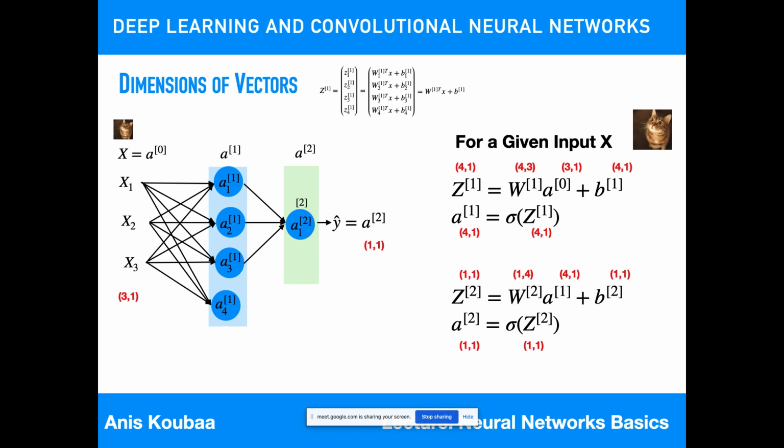But for example, if you remember the case of the cat and not cat classifier, and then we will have other cases, we have multiple classes in the output. In this case we will have an output layer that contains multiple neurons, as many neurons as the number of classes that you have in your network. So this is a very particular example related to logistic regression, which outputs a value between 0 and 1.